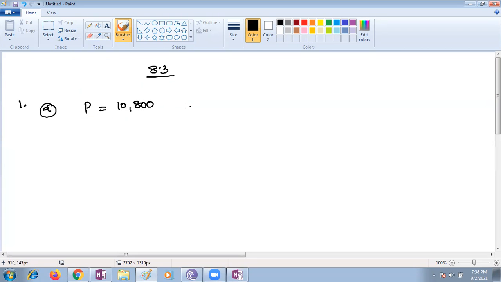What is the rate of interest, Nana? 12.5%. 12 1 by 2 is nothing but 25 by 2. 3 years. Yes, we can directly take it as 25 by 2 also. Our rate of interest, and n is the number of years. How many years? 3 years, right.